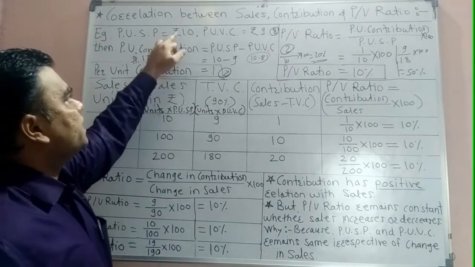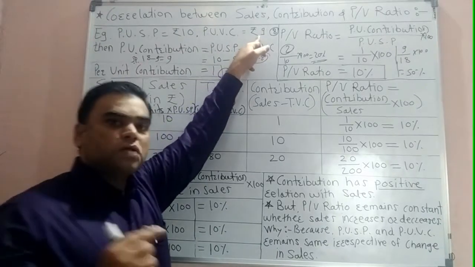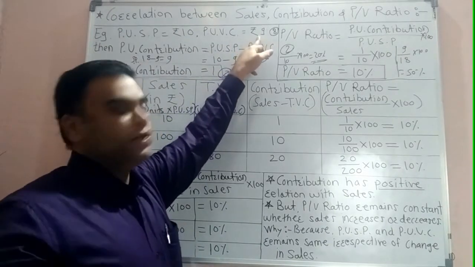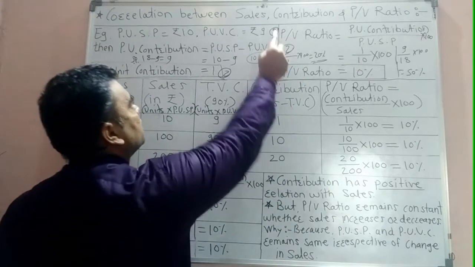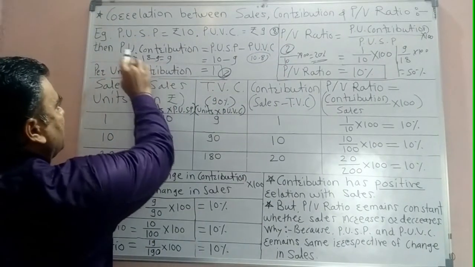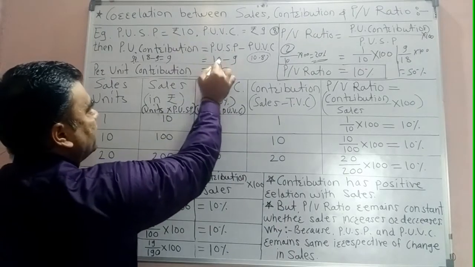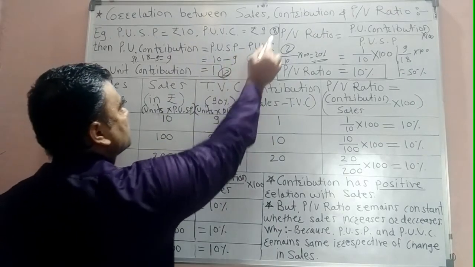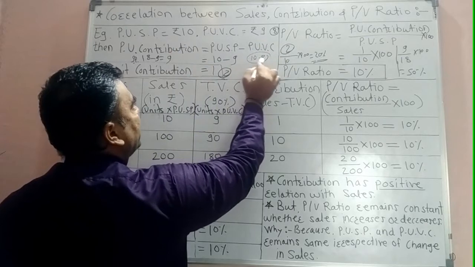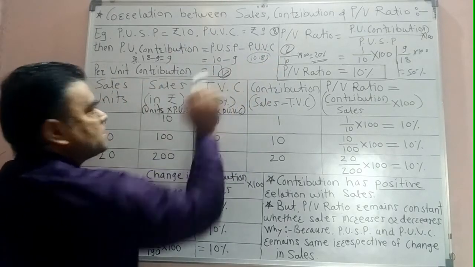Suppose instead of per unit variable cost 9, the new revised variable cost is rupees 8. Then what will be your contribution? Per unit contribution will be per unit selling price, which is the same 10, less revised per unit variable cost 8. So 10 less 8, your per unit contribution will be rupees 2.